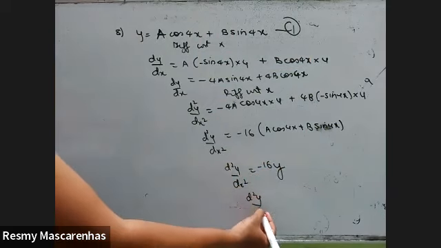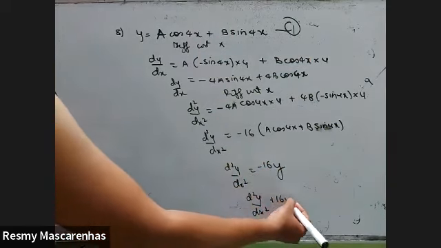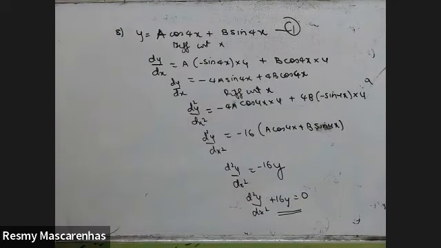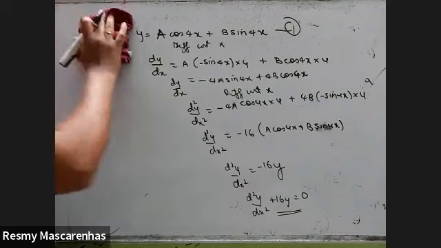So d square y upon dx square plus 16y is equal to 0. Ninth one.